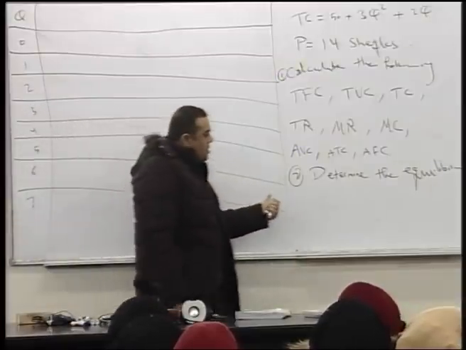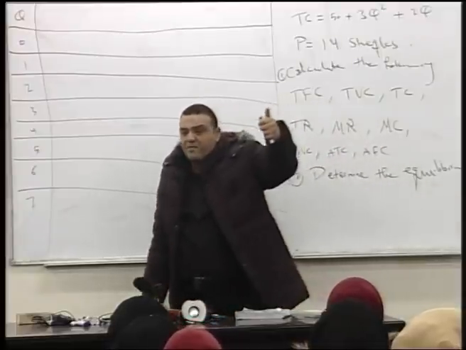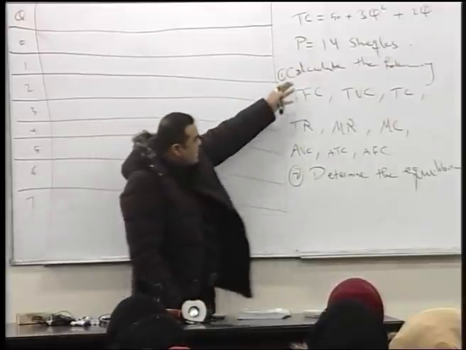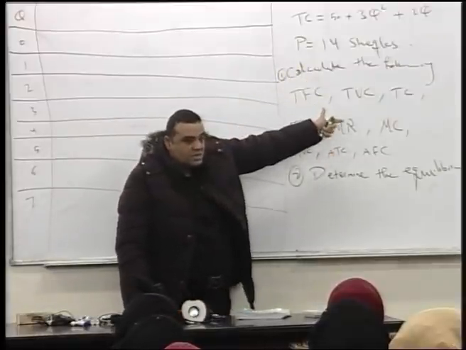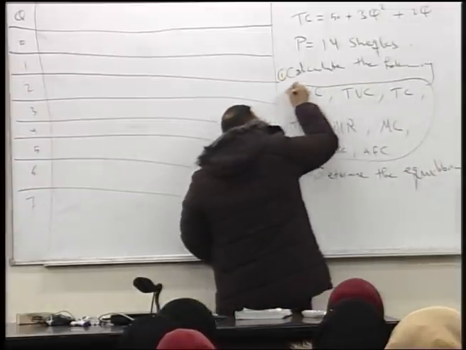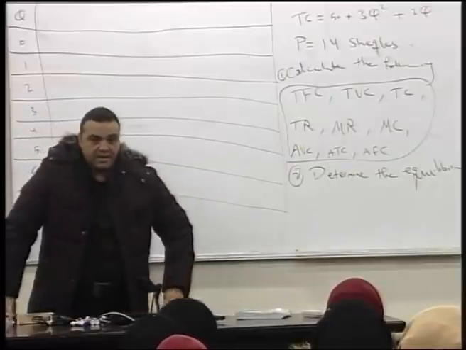At this quantity, at equilibrium, is there profit or loss or break even? But let's first calculate the total fixed cost, total variable cost, and these variables for this company.